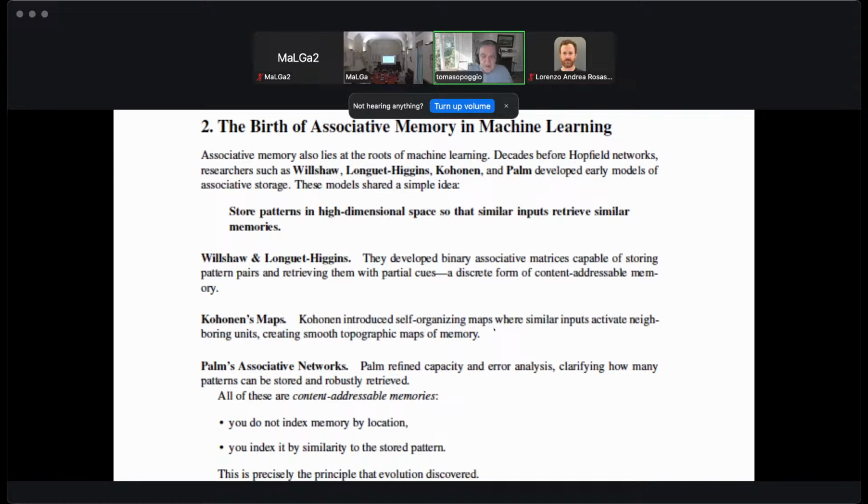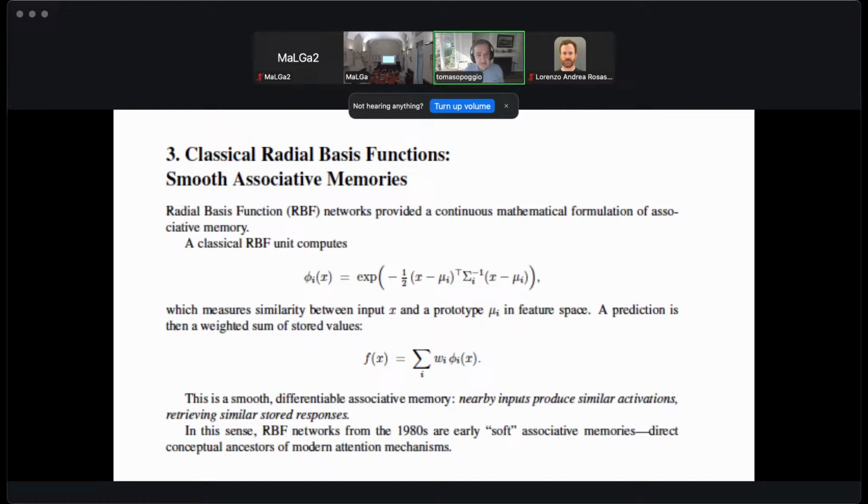And later also Kanerva with sparse memories, and all of these were content-addressable memories, very similar to what transformers do. In fact, you can formally, mathematically, show that a softmax-based attention block in a transformer is really a hyper-radial basis function network in which each of the basis functions represents one of the past tokens, and the input is the new token.